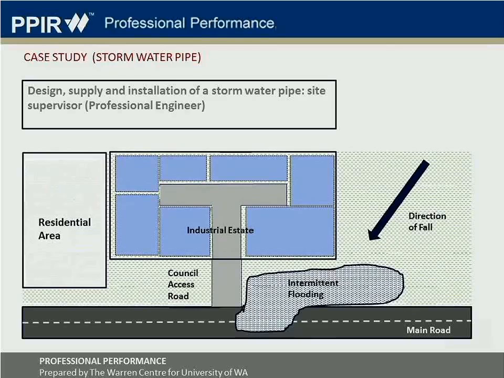Direction of fall is where the land is falling downwards. There's a drain running parallel on either side to the main road, so horizontally in our drawing, and your design task is to put a drain underneath the small council access road, connecting the spoon drain on either side.